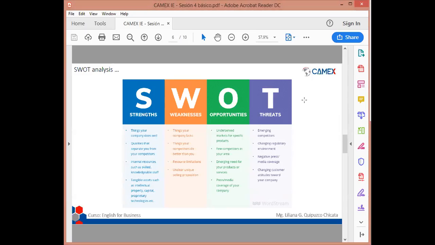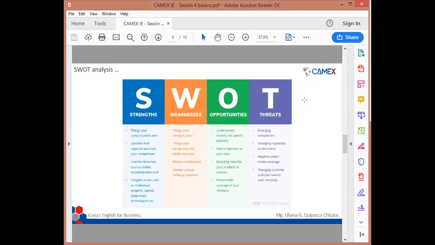Now, talking about the opportunities factor, we could talk about underserved markets for a specific product. We could also talk about few competitors in your area.